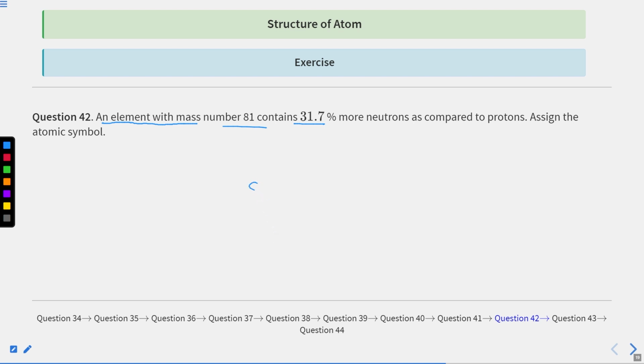Next is an element with mass number 81 containing 31.7% more neutrons. So it is written that 81 is the mass number, that is the number of protons plus the number of neutrons, and it is again written that 31.7% more neutrons are present as compared to protons.